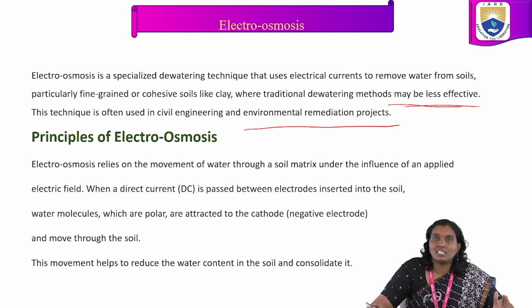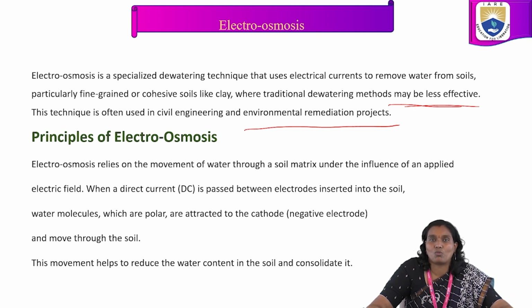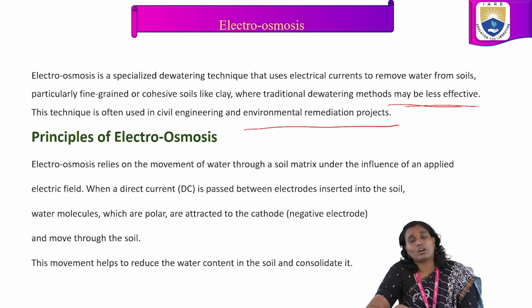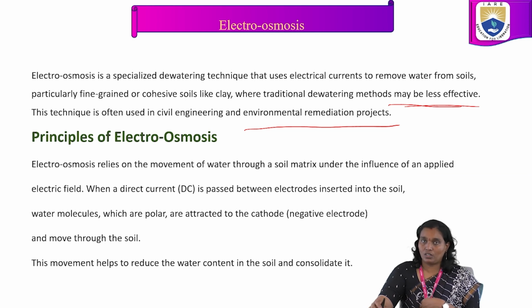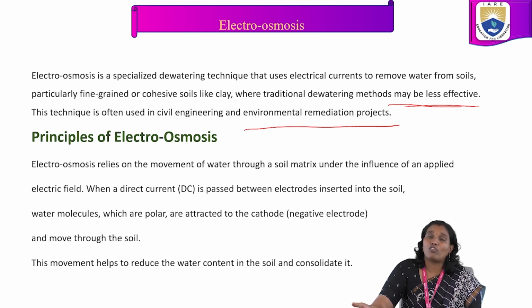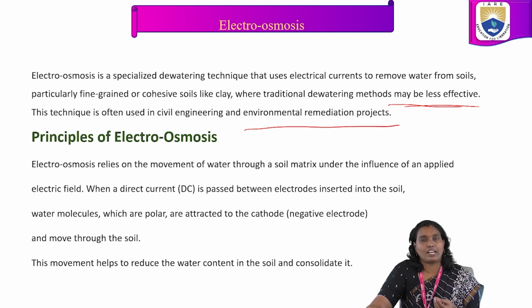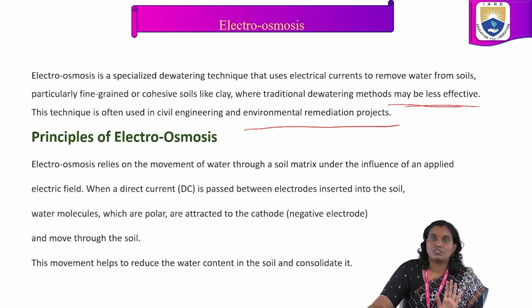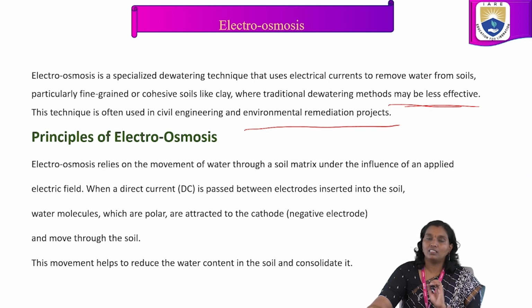As civil engineers, we have to understand where ground improvement is required and how the modification is possible, whether mechanical or hydraulic. In hydraulic modification, where traditional dewatering techniques are not that effective, we choose electroosmosis.